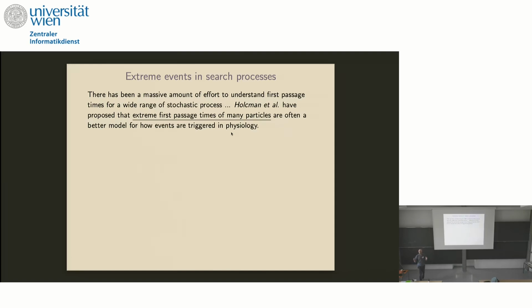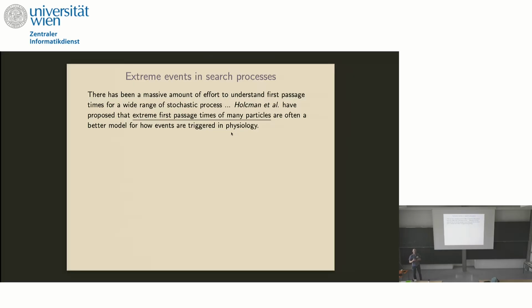But you can get even more extreme, and David Holcman and co-authors have argued that for a lot of these problems, you're dealing with many, many particles. Another mechanism cells have to speed up these times is to pour many, many particles into a system where you need a particle to, say, bind to a receptor on a certain time scale.